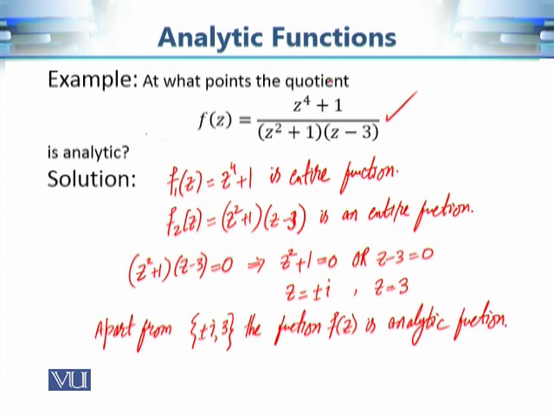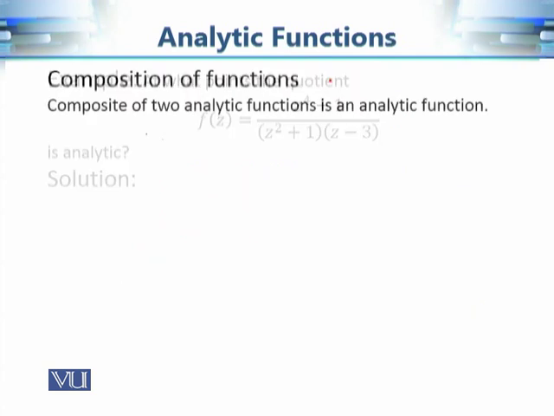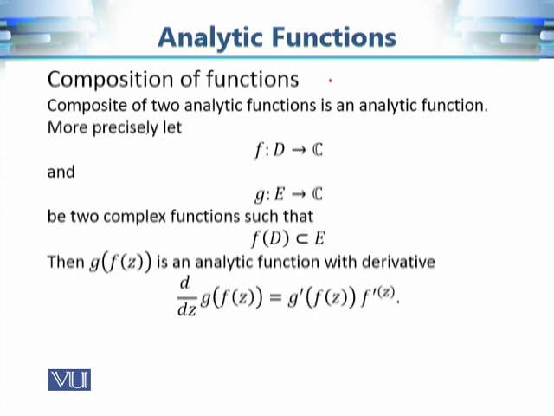Okay, so that's how we use these simple properties to find whether a given function is analytic or not. Now similarly, we have also seen that if we are given a composition of functions, and both functions are differentiable, then their composition is also differentiable. So when we apply this in the analytic function case, the consequences are once again very important.